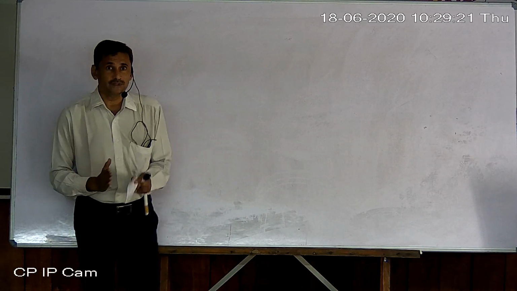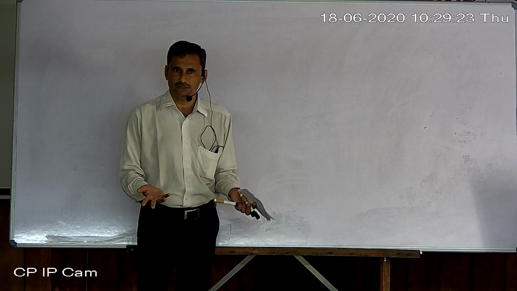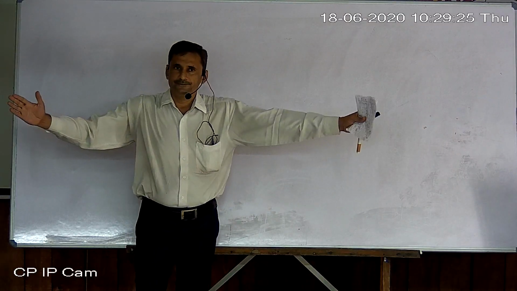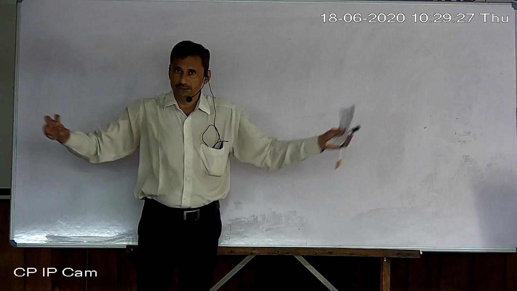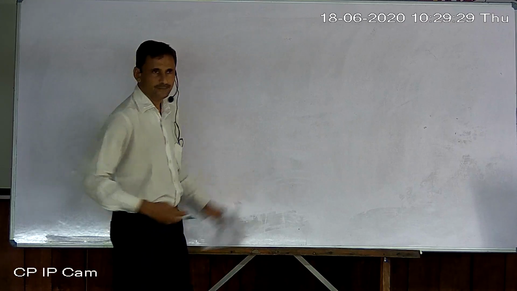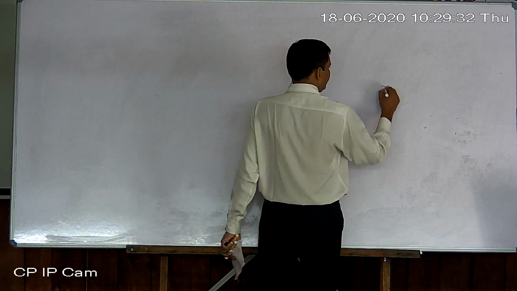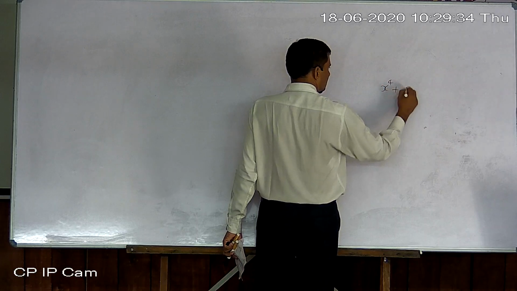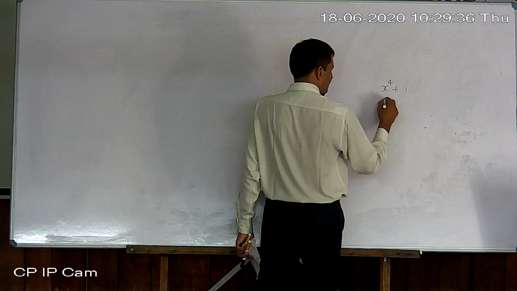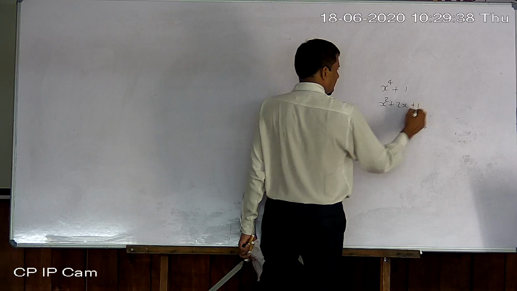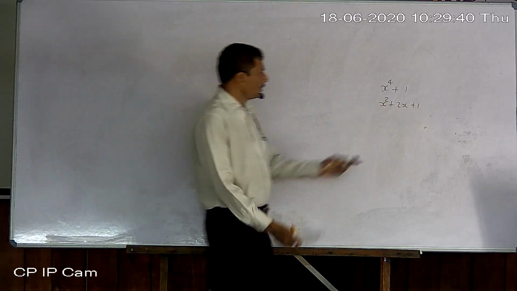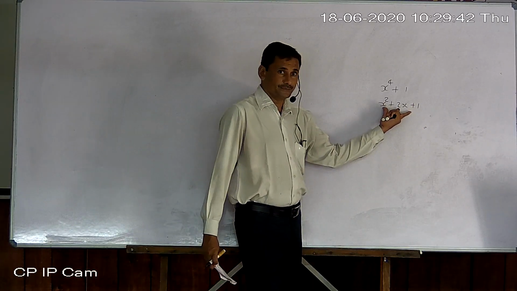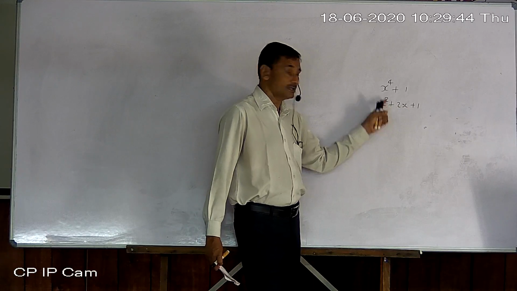So divide the bigger polynomial by the smaller. So how to decide which one is bigger and which one is smaller? Not by length, by degree only. Okay? Look here. x^4 plus 1, x squared plus 2x plus 1. Which one is bigger? Don't count the number of terms. The second one is not bigger. The first one is bigger.